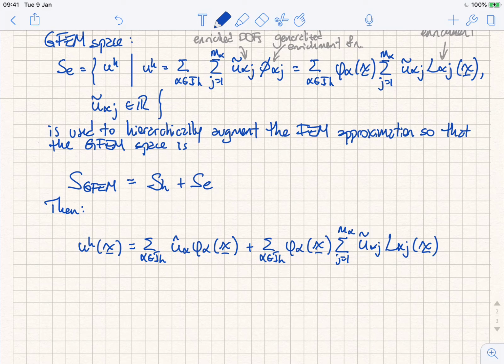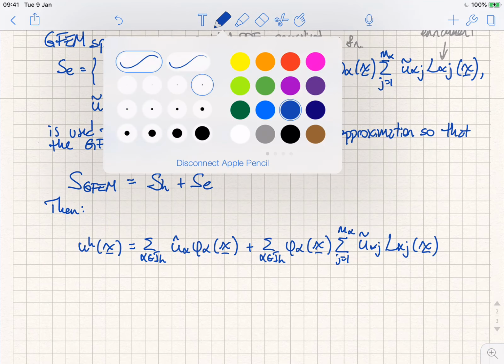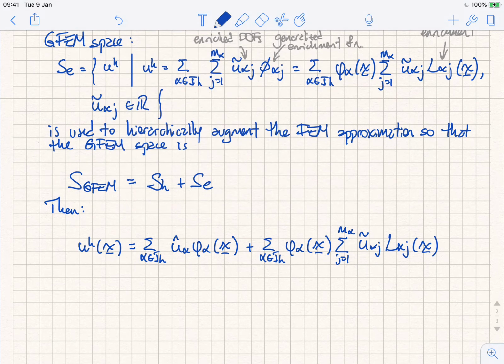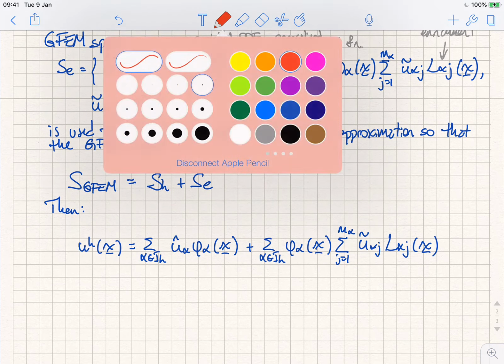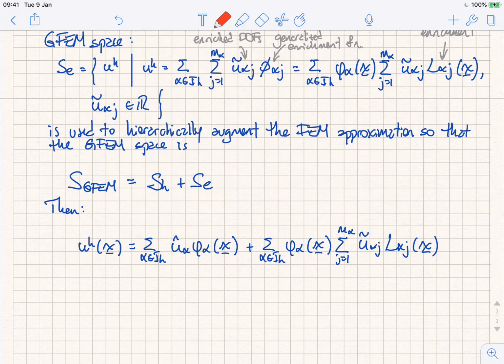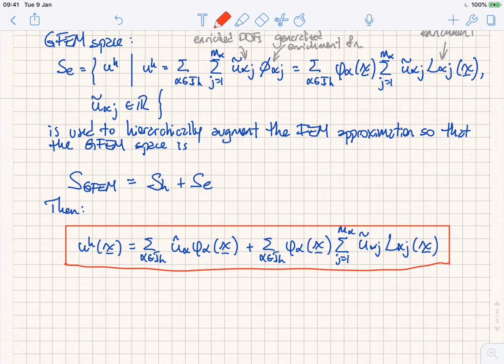And as you can see here, actually, let me just write it so that this is perhaps the most important equation that you will see in this course.